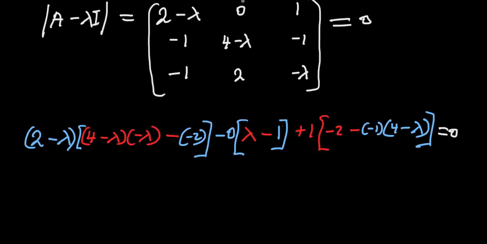Okay, so we are going to just write this again. So we have 2 minus lambda and open a bracket.